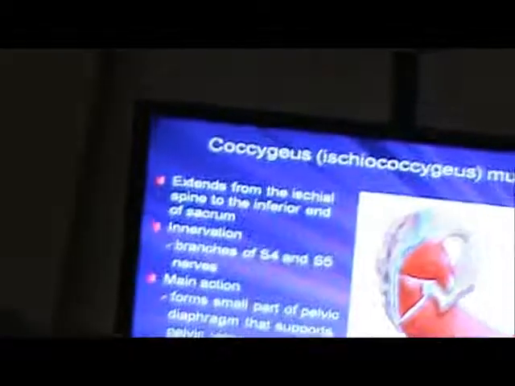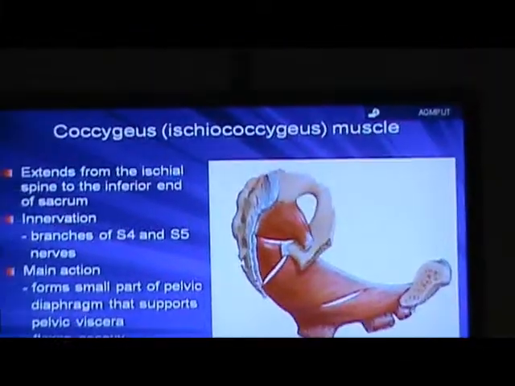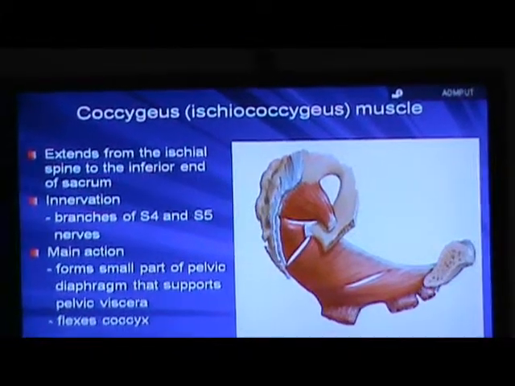The second muscle, which forms the pelvic diaphragm, is the coccygeus, or sometimes it's called the ischio-coccygeus muscle. So it's a smaller one. It extends from the ischial spine to the inferior end of the sacrum. It's innervated by branches of the S4 and S5 nerves, so from the sacral plexus.